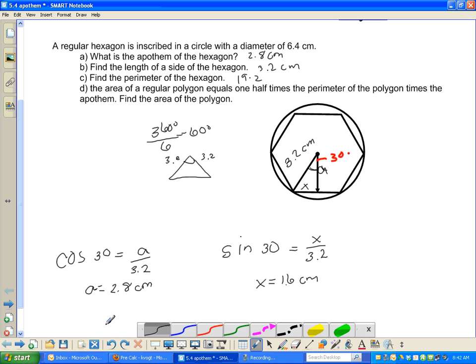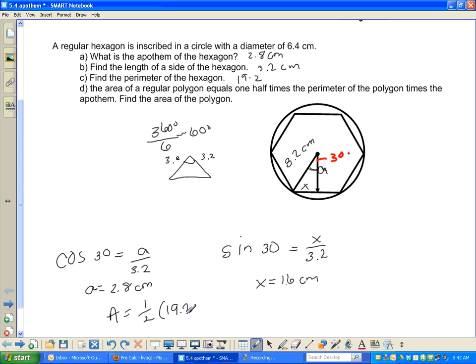So my area should equal 1/2 times my perimeter, which I know is 19.2, times my apothem, which I already found, which was 2.8. And if you type this all into your calculator, you get 26.86 centimeters squared. So that would be the answer to D. And I should have labeled this one centimeters.